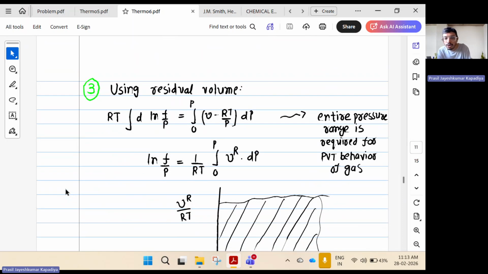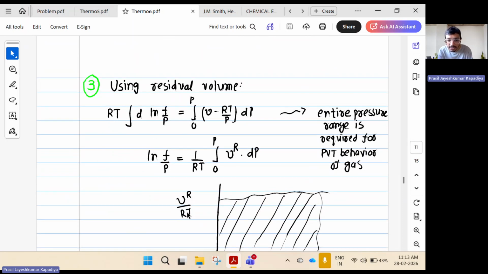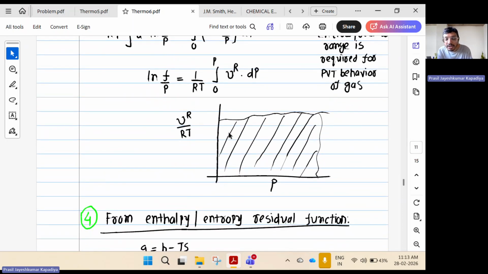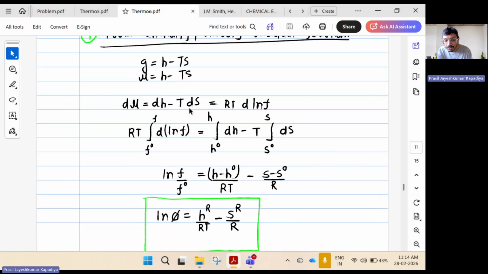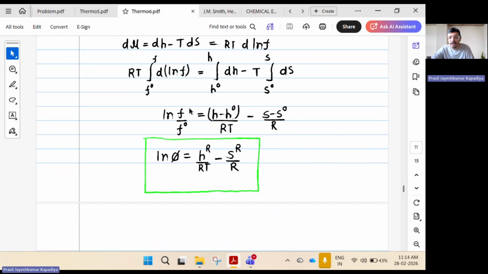Then we used the residual volume approach, where we need to plot VR by RT versus P. But one thing very important to know is that we must know the PVT behavior of the gas in the entire pressure range where we are interested to calculate that. Then from enthalpy and entropy residual functions, we find that ln phi is HR by RT minus SR by R. And similarly, HR by RT and SR by R can be calculated from Lee-Kesler correlations that we had studied last week.